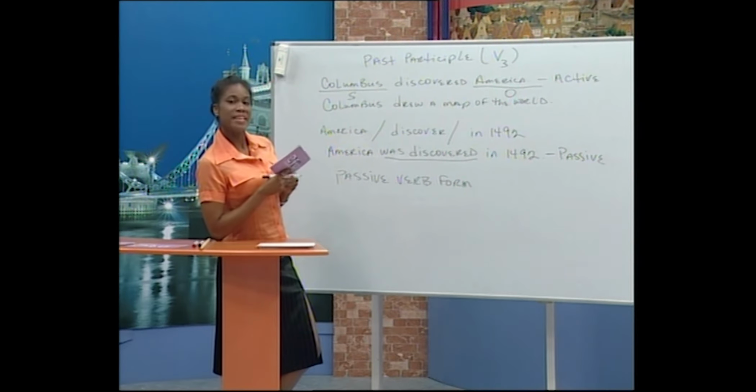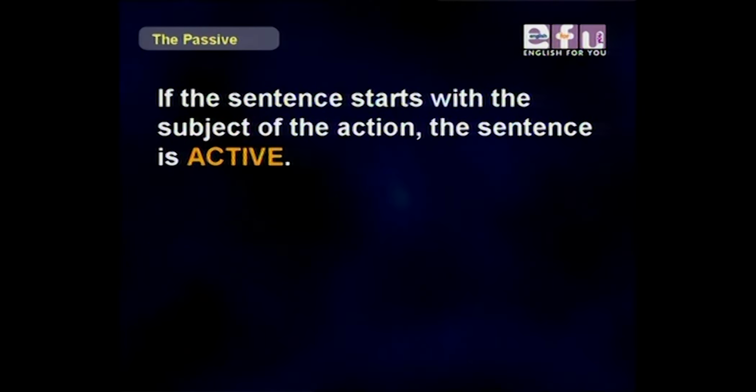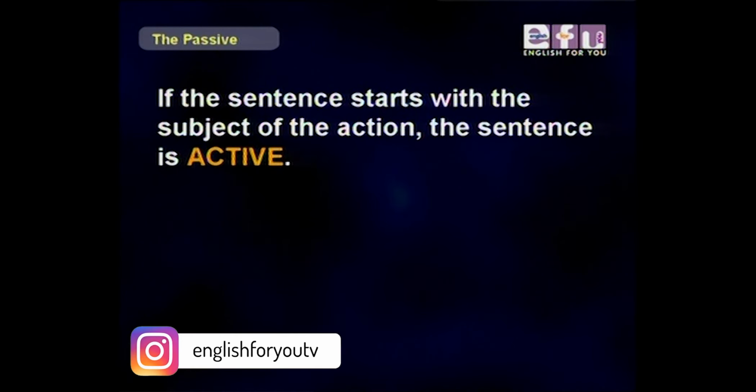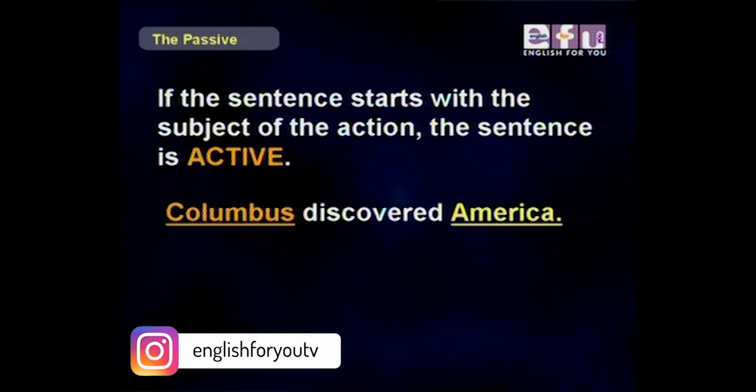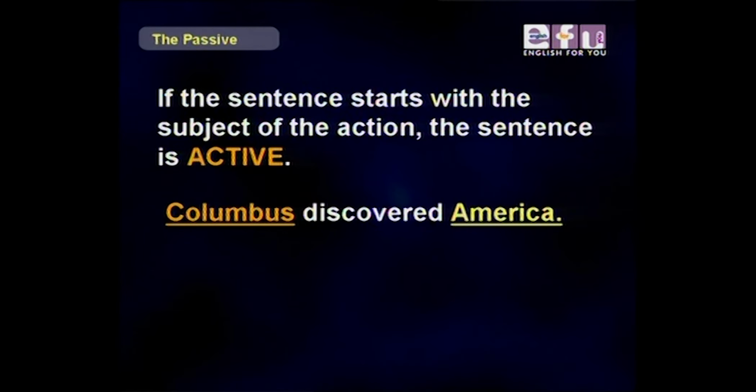Now let's look at them again with some examples. All right, so remember, if the sentence starts with the subject of the action, the sentence is active. Example, Columbus discovered America. So Columbus is the subject. We're starting with the subject, so it's an active sentence.